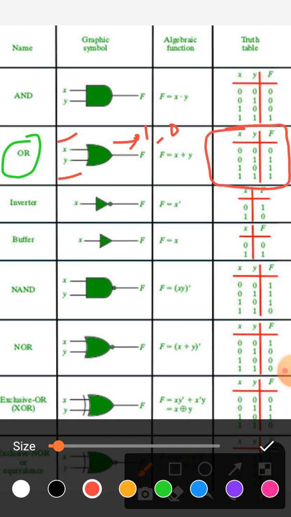x and y are the inputs and f is our output. Here we can see very clearly that when x and y are both 0, we have f equal to 0.